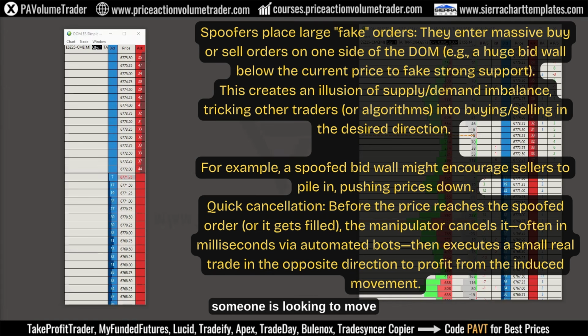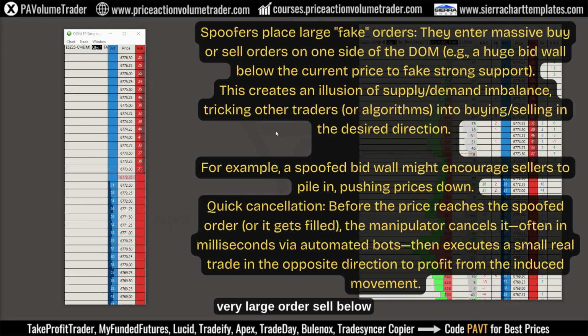So if someone is looking to move the market up, they may place a very large order to sell at a level above. Then the market is going to tend to go towards that high liquidity level to test it. But right before the market actually touches the level to execute those orders, the orders are going to get pulled and not be executed, okay?